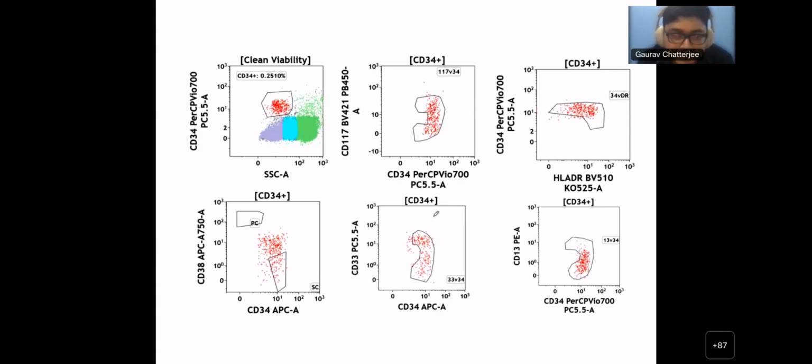But in real life, when a case comes to you, you are not probably going to have a normal control. So we draw these gates on normal, and in a case we evaluate whether everything is within the normal boundary or there is anything going out. In this plot, this plot, or this plot, do you see any abnormality, or does everything seem to be well behaved?